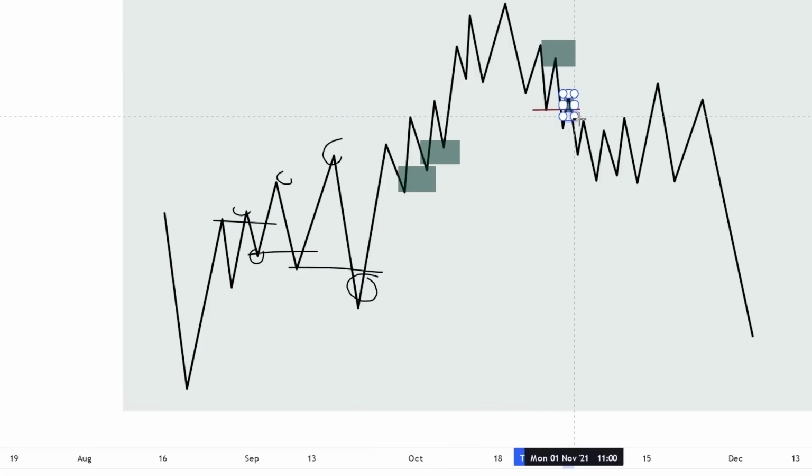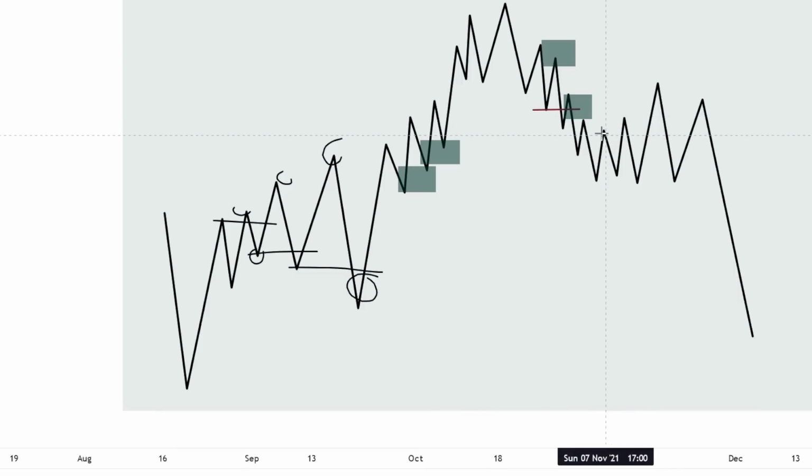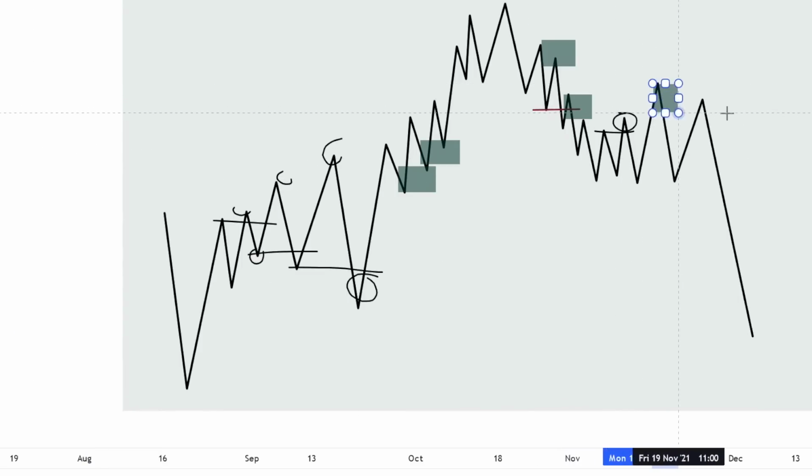Comes back, reacts again off your supply. Here you have a liquidity grab. Price grabs liquidity and drops down. And here you have another supply entry.